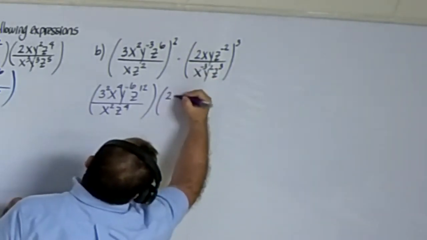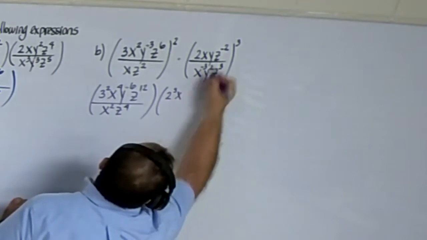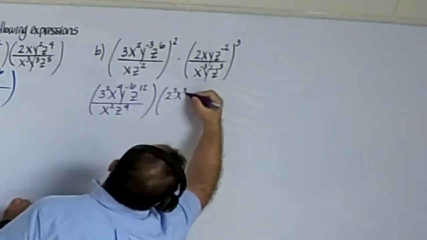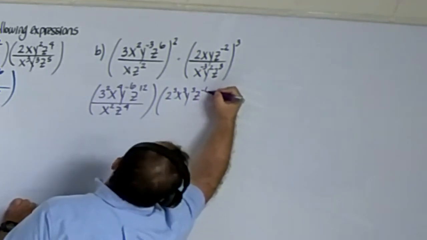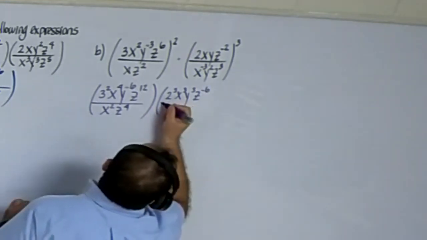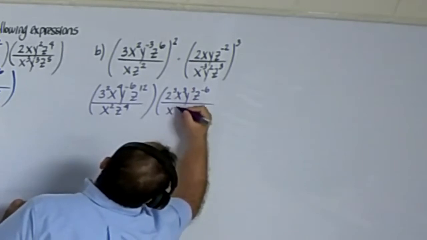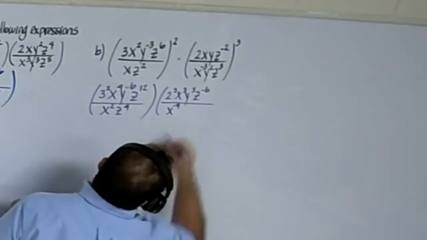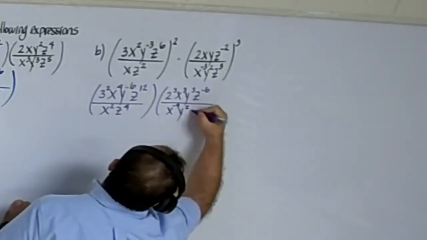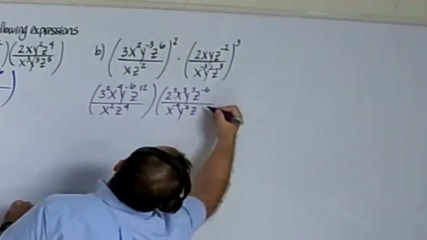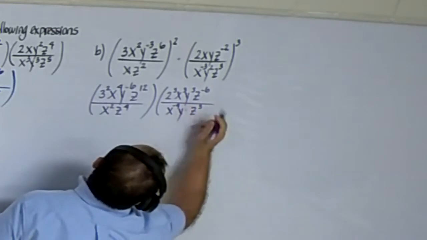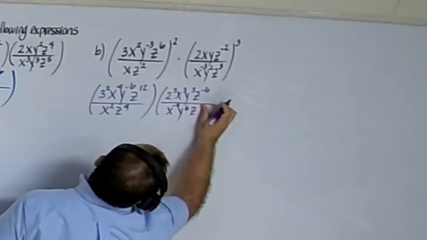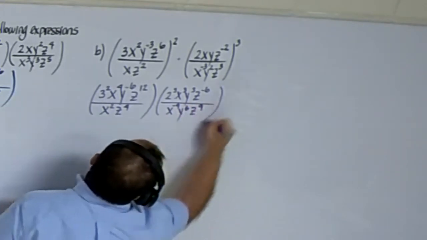2 at the third power, x third power, y third power, z at the negative 6 power, over x at the negative 9 power, y 2 power, z at the third. Mistake, 6 and 9.